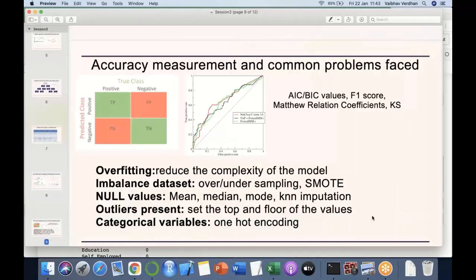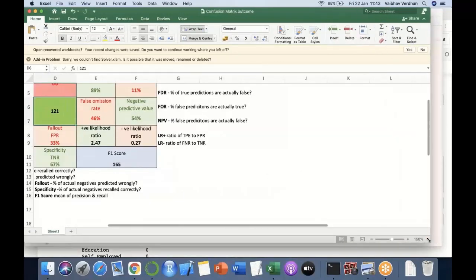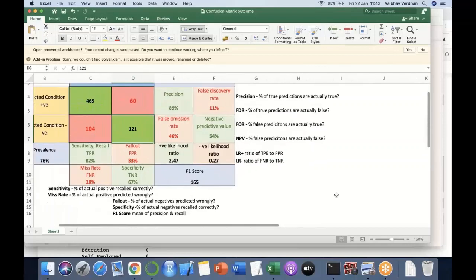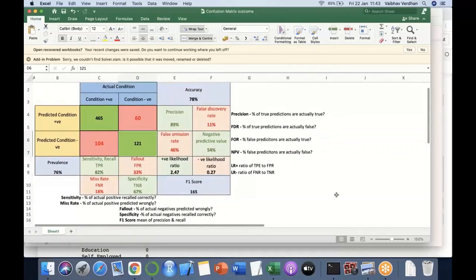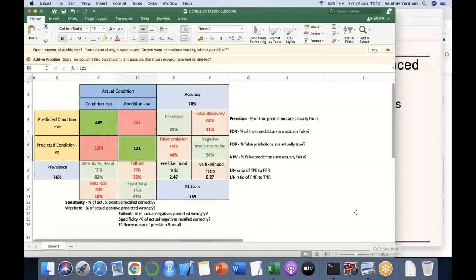The confusion matrix is the most widely quoted and widely used accuracy measurement process for classification algorithms. Not only in classical machine learning algorithms like regression and decision trees, even for neural networks, we use it.